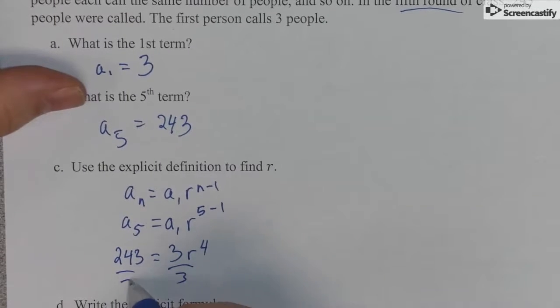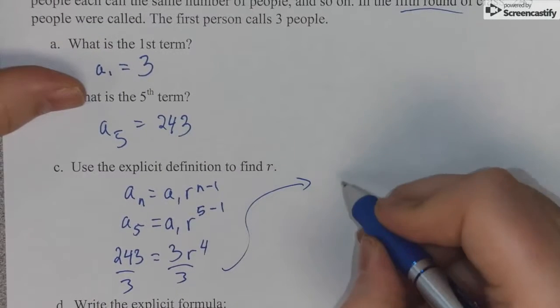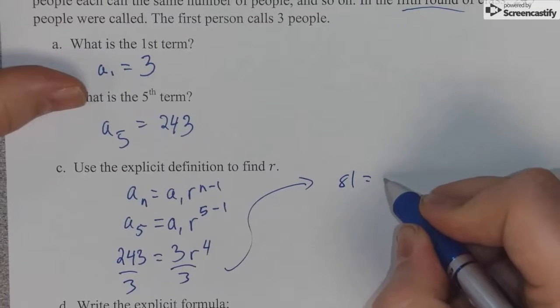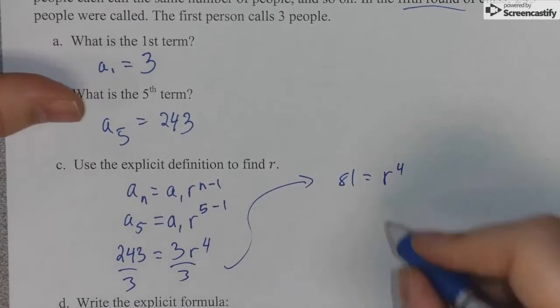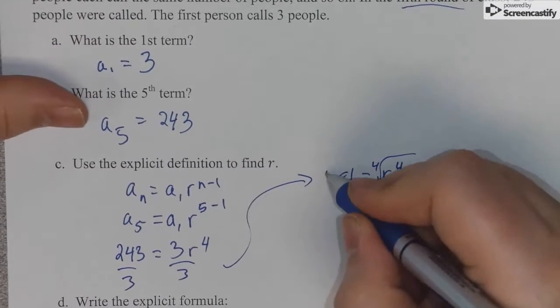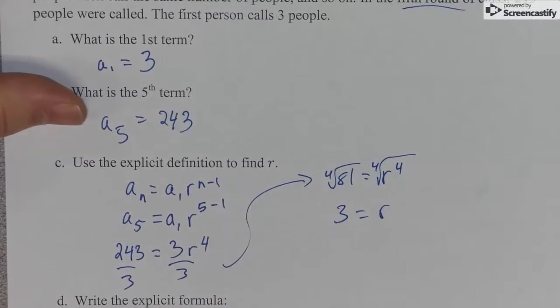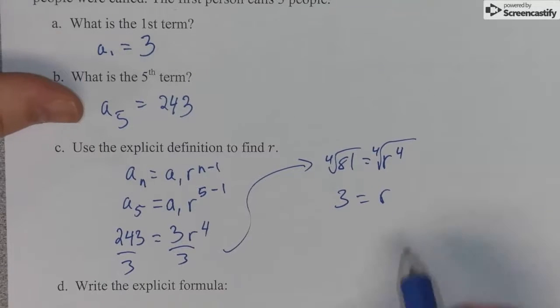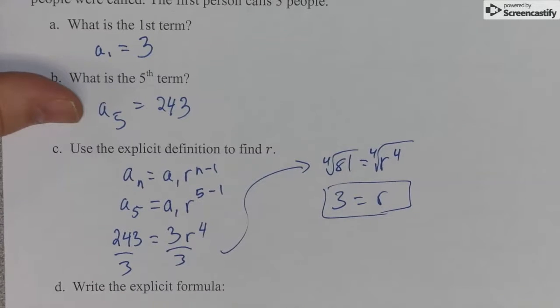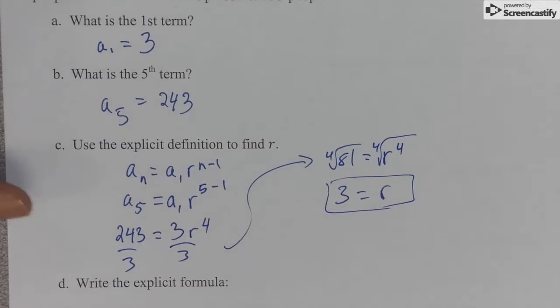So divide everything by 3. This would be 81 equals r to the 4th. If we want to get fancy, we could take the 4th root of both sides, and you'd get 3 equals r. So your common ratio is 3 in this problem.